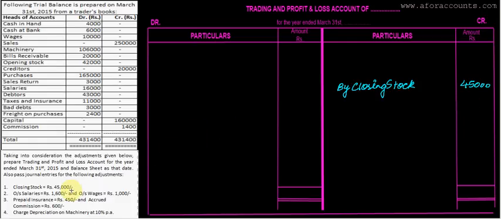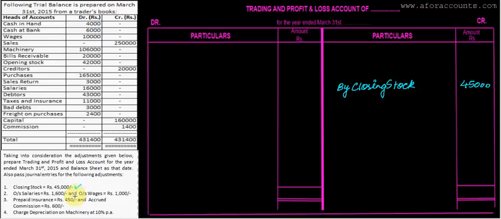And remember, here it is a plain vanilla thing that it is written closing stock 45,000. It is not possible that everywhere you will get it simply as closing stock 45,000. You may get closing stock at cost, at net realizable value, at market value. Then remember the rule at that time.